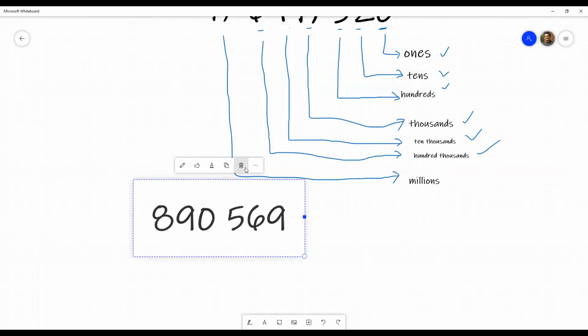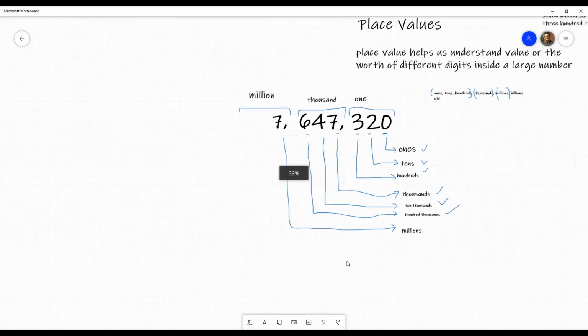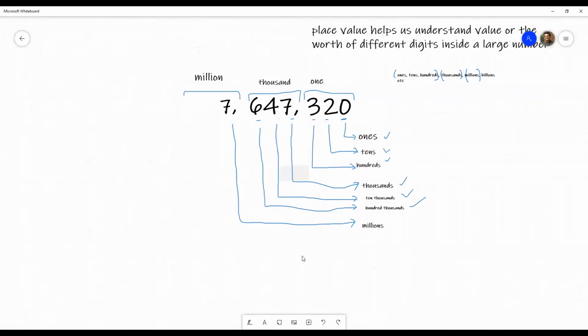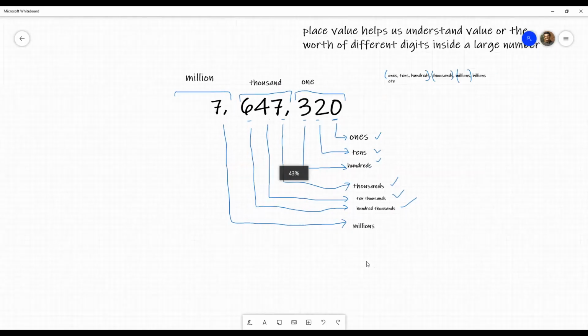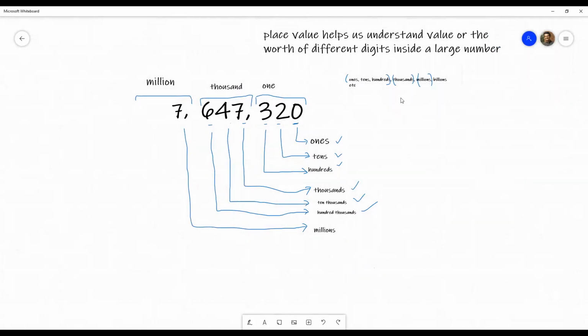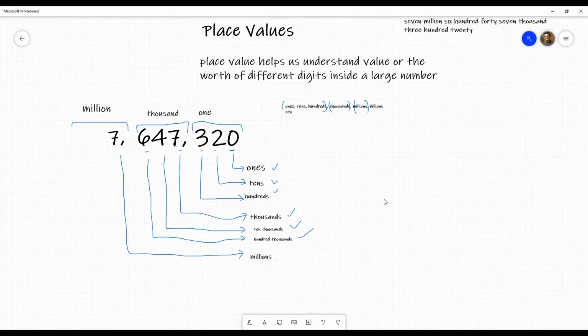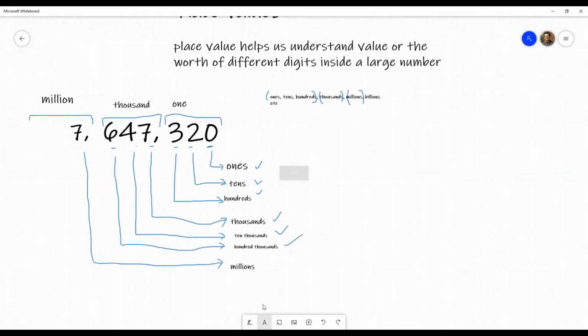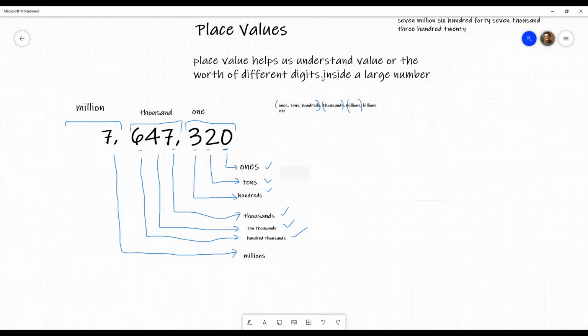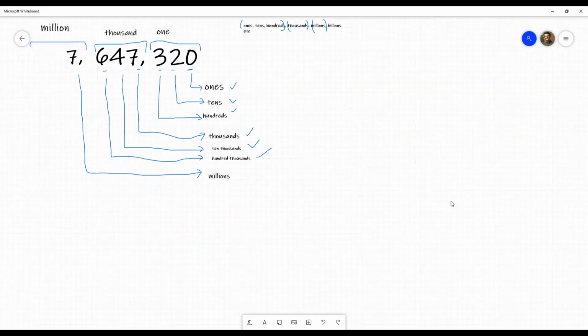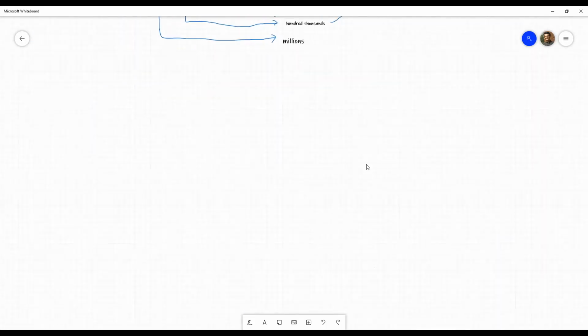So let me remove it. Whoever wants to try again, you can just try again with your copy. I'll just give you some numbers right now. You try it out in your own copy. Let me remove some of the details because we don't need it.